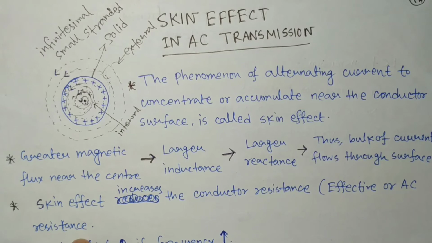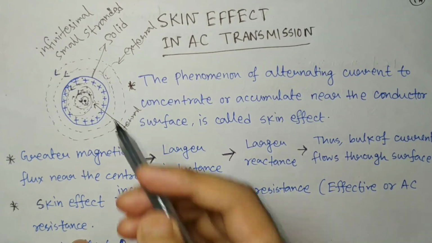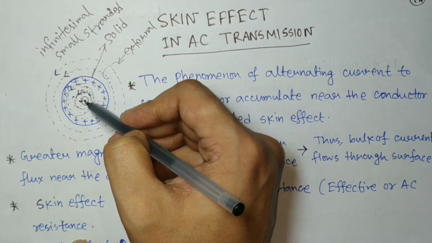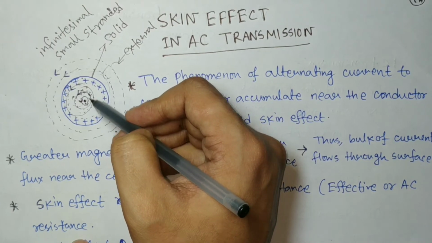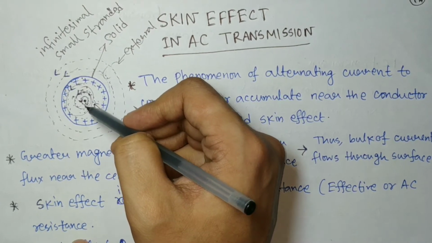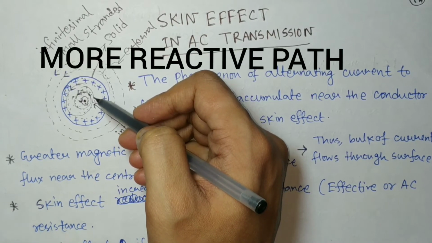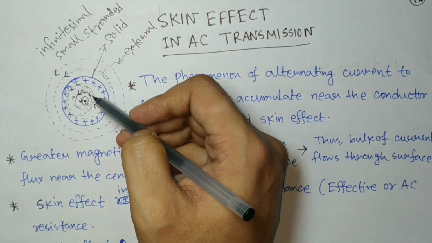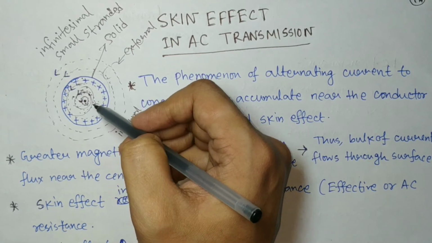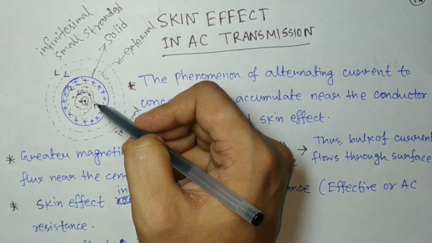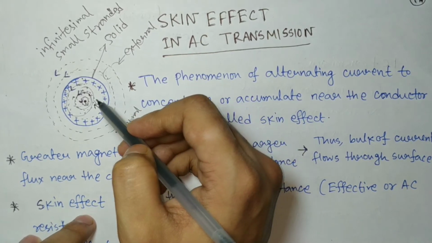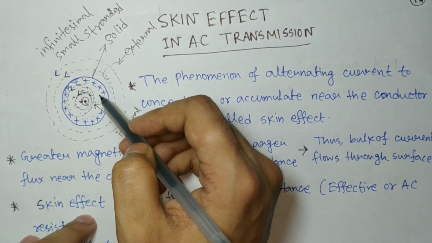Definitely at the center, the strands are experiencing more flux, so they will experience more inductance. That means a more reactive path will be offered at the center, so a lesser amount of current will flow through the center part of the conductor. It is the nature of current to always follow the least reactive path.